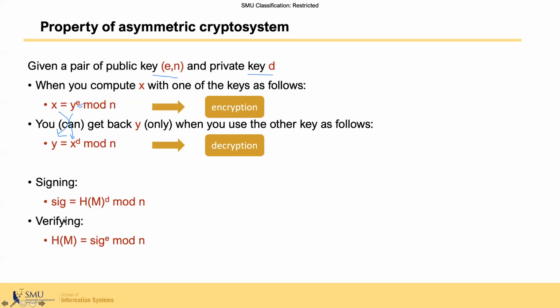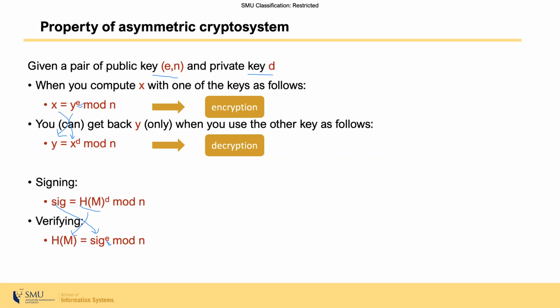Intuitively, to get back this hash of M, simply what you do is take this signature here, and then use the other key, which is the public key. Because for signing, you have to use D, because you are supposed to use your own private key to sign.